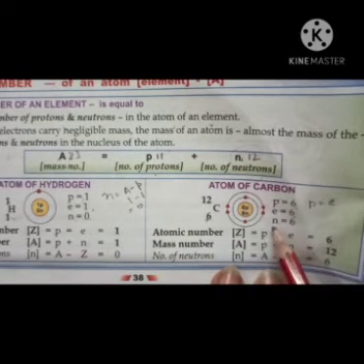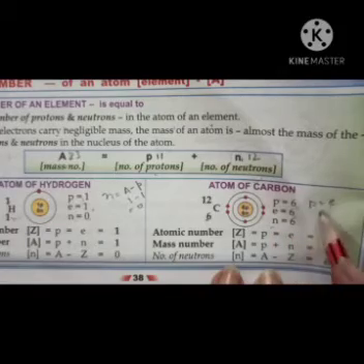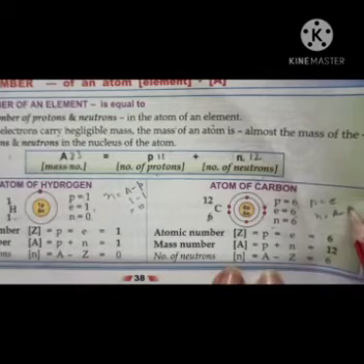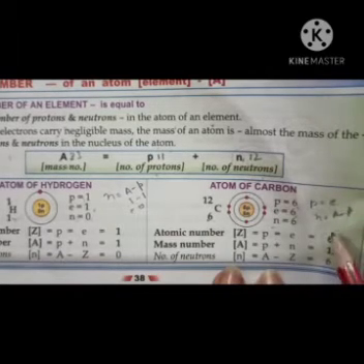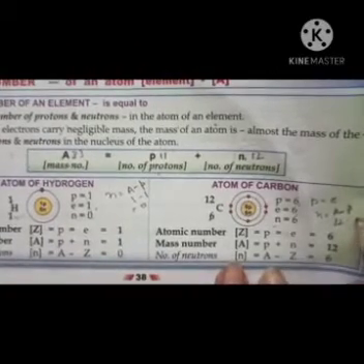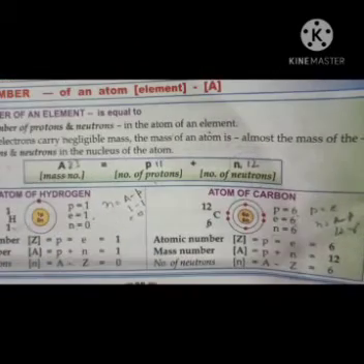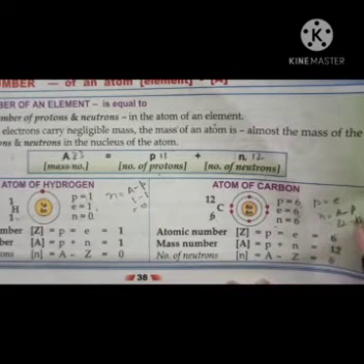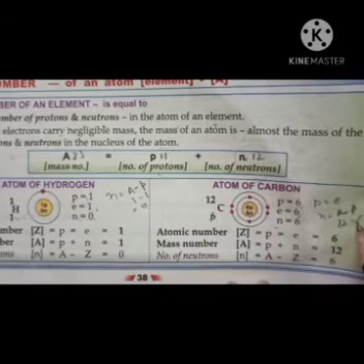But how will you find out the number of neutrons? It is the same, n is equal to A minus P, right? And what is A? 12, and P is 6. So n is equal to A minus P. The mass number is 12 and the number of protons is 6.